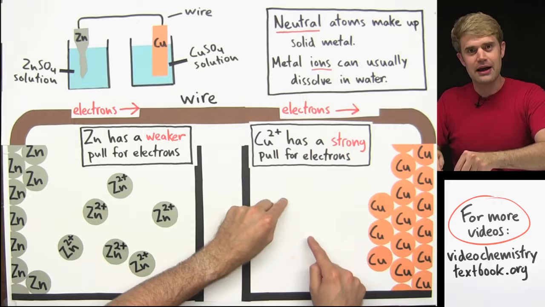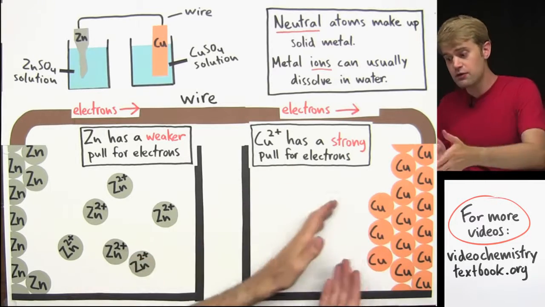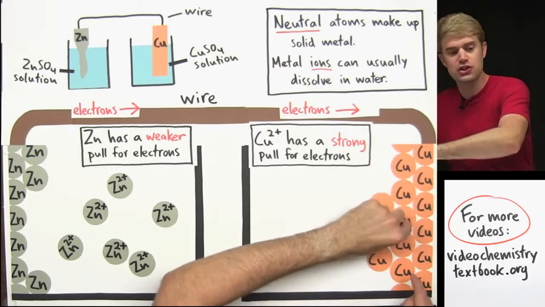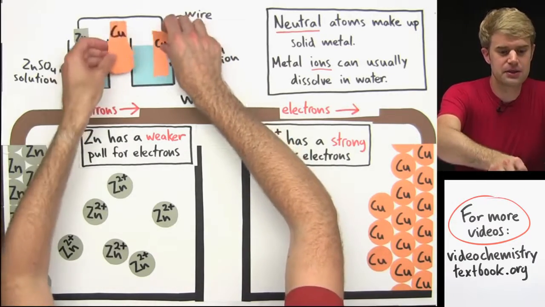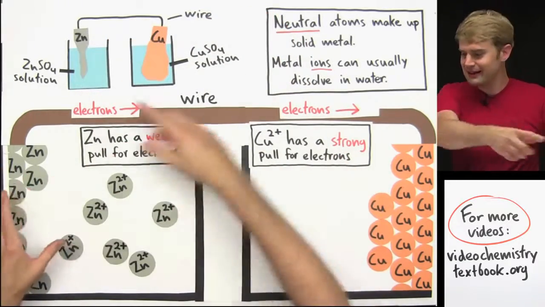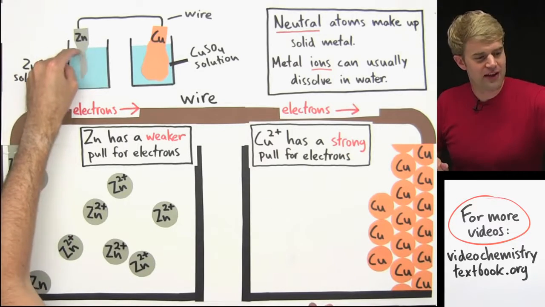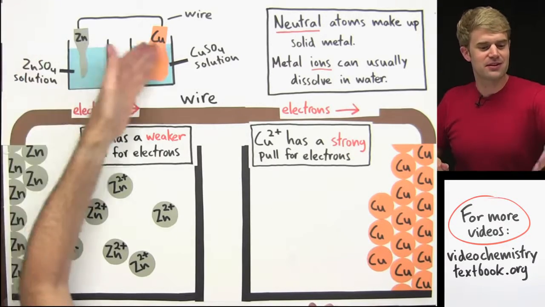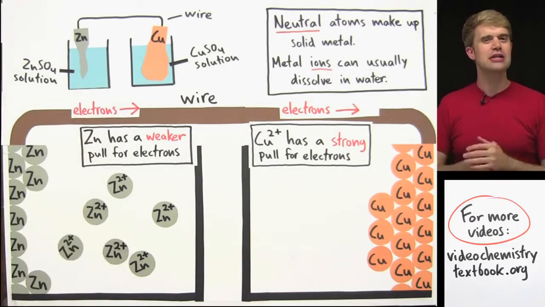But on the other hand, those Cu2+ ions are coming out of solution and are attaching to the solid copper, and so they're going to make this piece of solid copper bigger and bigger. So if we let this voltaic cell run for long enough, we'll eventually see that these two pieces of metal actually change size and shape.